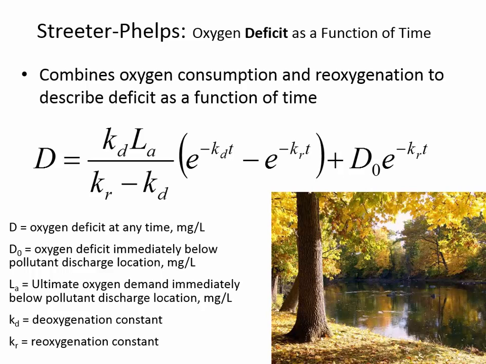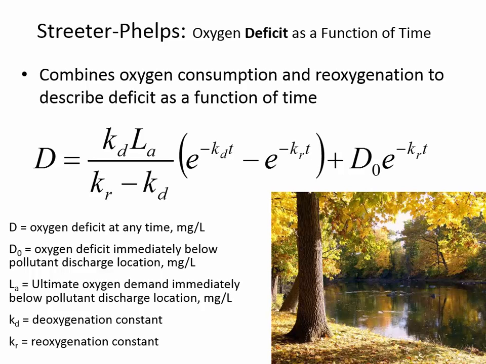The deficit at a certain time can be predicted based on the rate constants that we've already been talking about, the deoxygenation and reoxygenation rate constants, and also L0, which is how much BOD is in solution to begin with. Now the second part of the term is if there's a deficit even before you mix the water together.